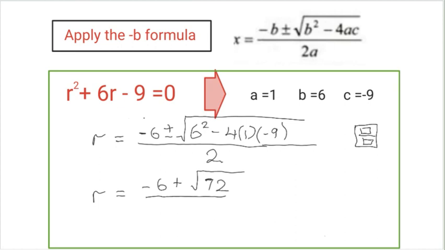So let's see what this works out as. We'll work to 2 decimal places to maintain accuracy. So when we input this into our calculator, we will get r is equal to 1.24 rounded. So let's stick with that value for now, and we'll go on to the next section.